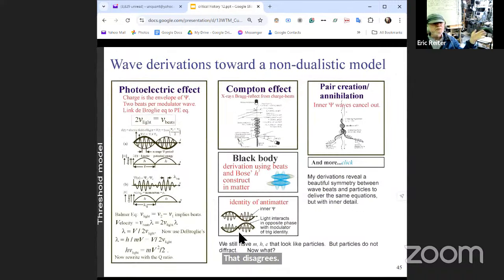So what do I say is really going on? I have some derivations which are useful. I derived a connection between the photoelectric effect and the de Broglie equation, using Schrodinger's beats idea to get this factor of 2 equation. It's like a derivation of the de Broglie equation, which is in here right there.